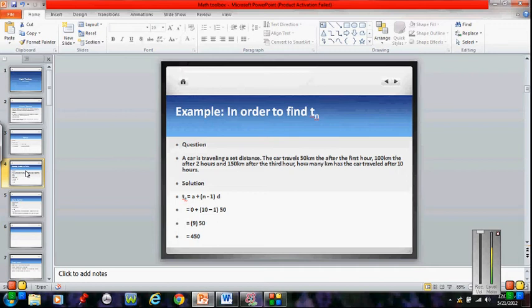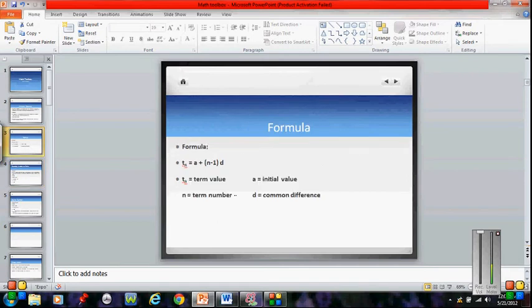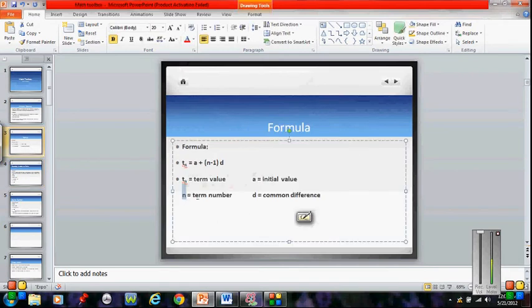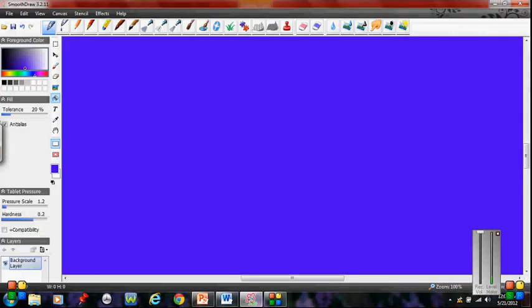So question, one thing I might not have made clear might have been this. When I say n is this n over here, so it's a subscript term number. I just want to clear this up in case any of you might have gotten confused on it. If we have Tn, then n is the term number.